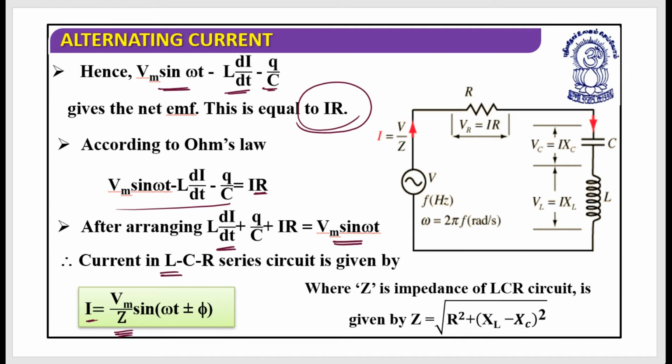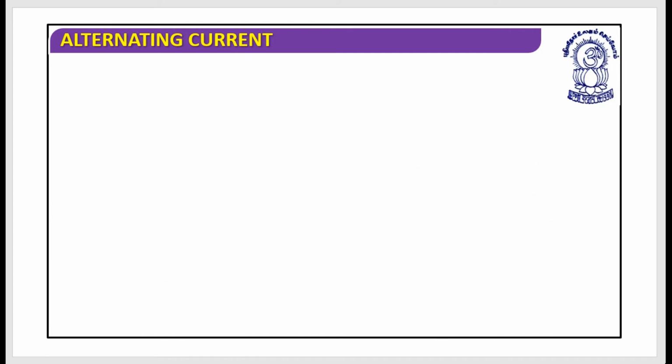Now you can see the situation from the phasor diagram. This is the I, or this could be represented as VR, because current and voltage are in the same phase when we are considering a resistive circuit.